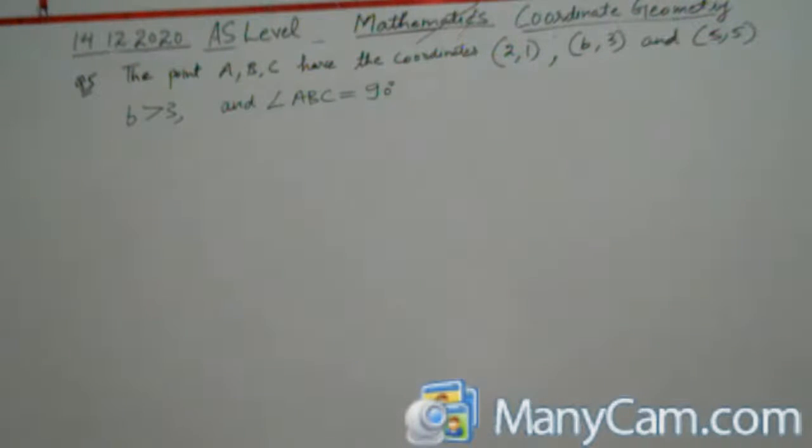So here we have 3 things to find. One is the value of B, the length AB and BC, and the area of the triangle ABC, right?